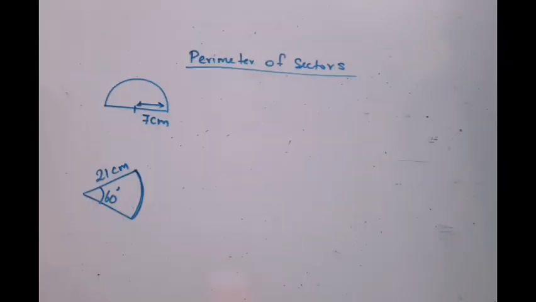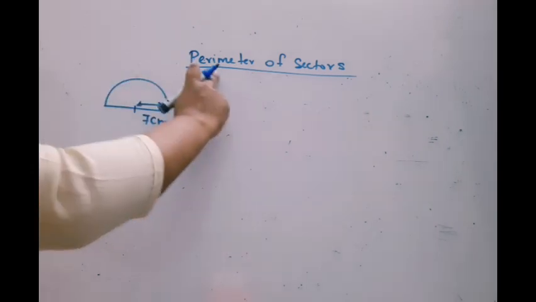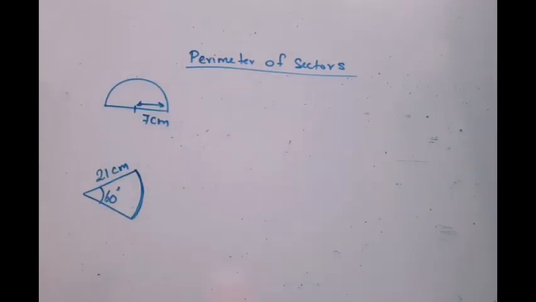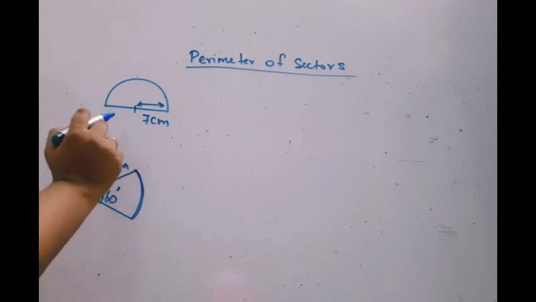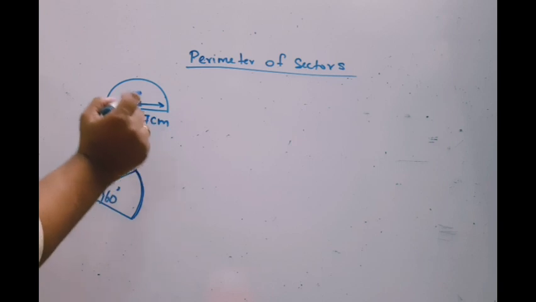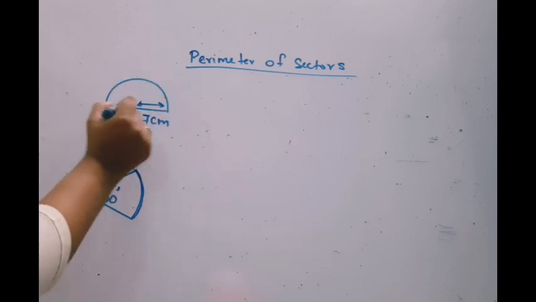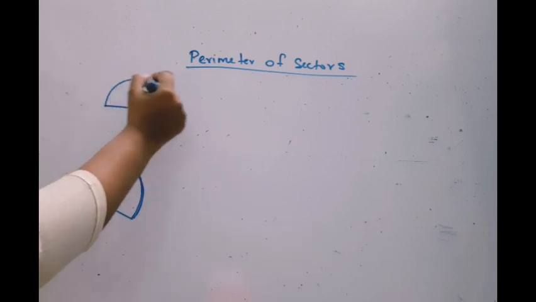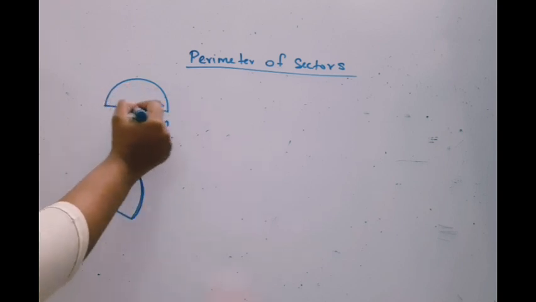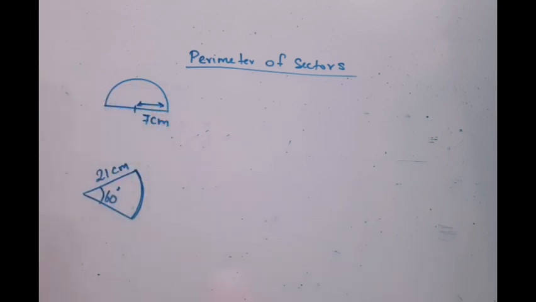The next topic we are going to learn is to find the perimeter of sectors. I already told you about the difference between finding the perimeter and the arc length. So I'm directly going to explain this through two examples. In order to find the perimeter of this semicircle, you know it contains two sides. One is the arc length and the other one is the diameter of this semicircle.